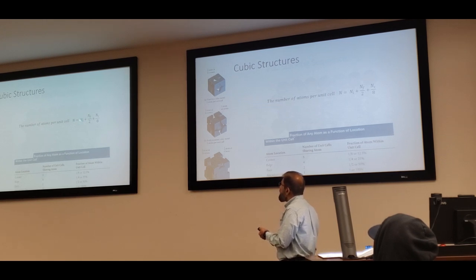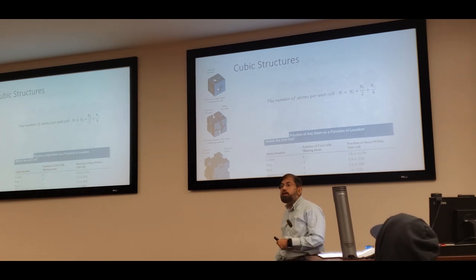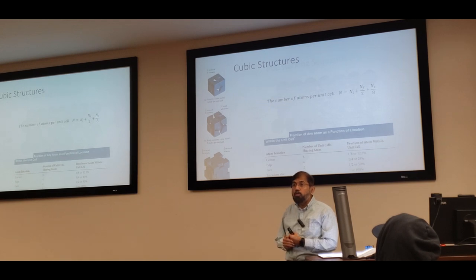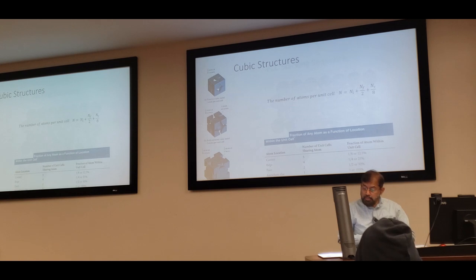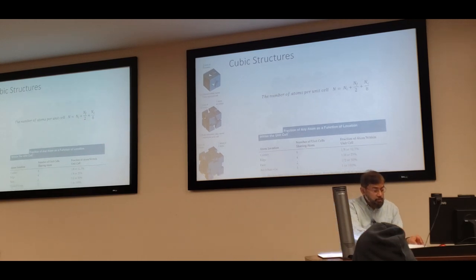N is equal to Ni, the interior atoms, plus Nf over 2, where Nf is the number of face-centered atoms, plus Nc over 8, where Nc is the number of corner atoms. That is the equation, and it is required because, let's consider the face-centered cubic structure.